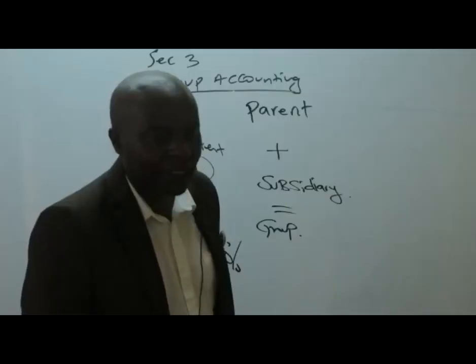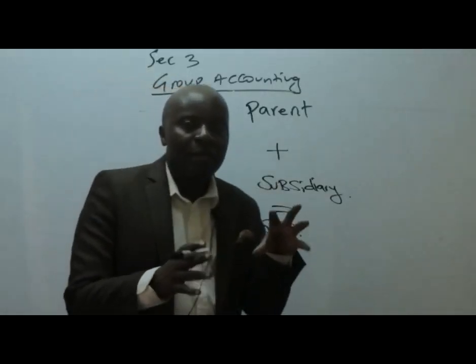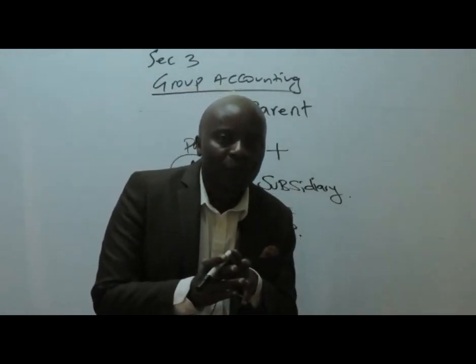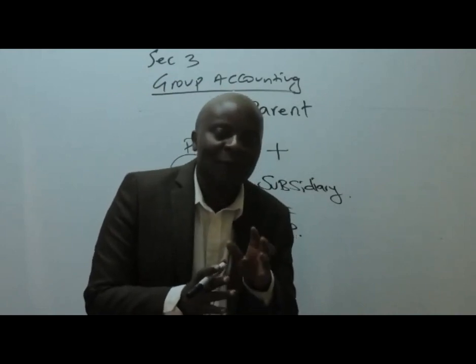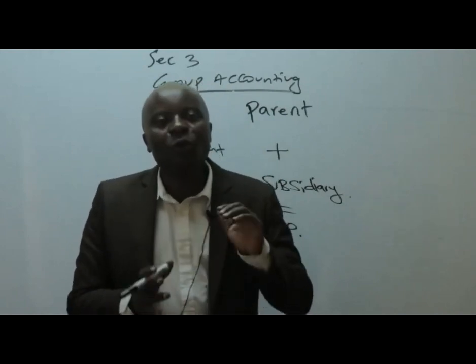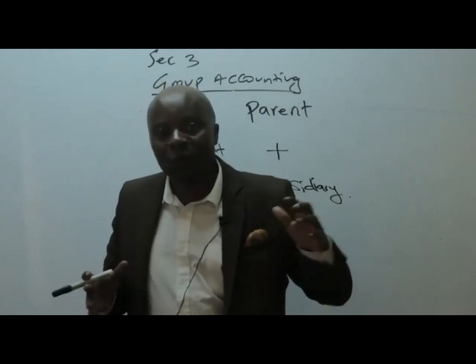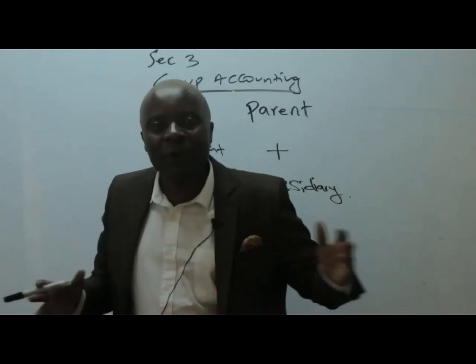So in this particular case, the third condition, we are looking at the power being combined with these variable returns. In this case, you can influence the variable returns. If you are powerful and really you have invested in this company, what would you want out of this company? You would want this company to grow in terms of profits. When they grow in terms of profits, what do you get as an investor? You get more dividends.